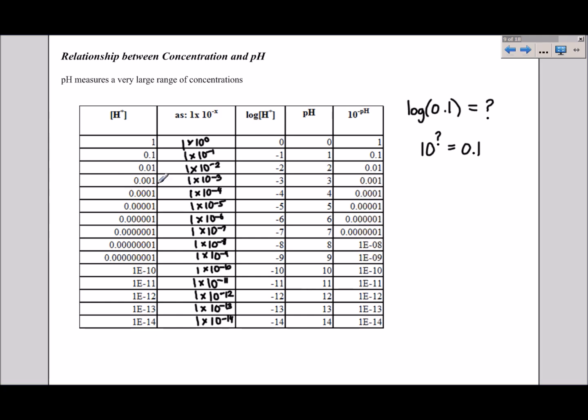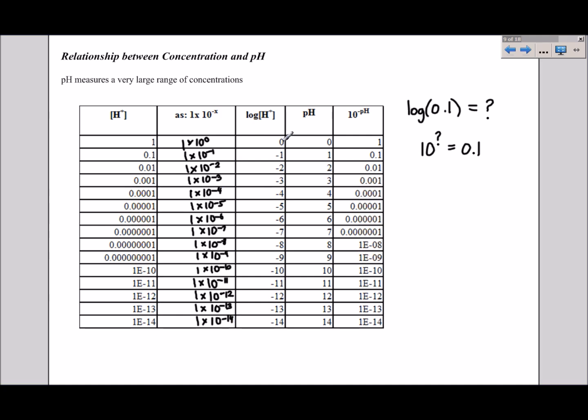If you press log and then 0.001, you'll see that it responds with a negative 3, because 10 needs to be raised to negative 3, and that's the equivalent number of 0.001. So really, the log of all of these numbers is simply the exponent in my scientific notation.